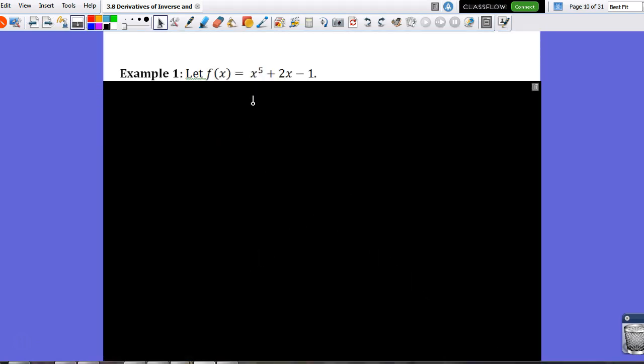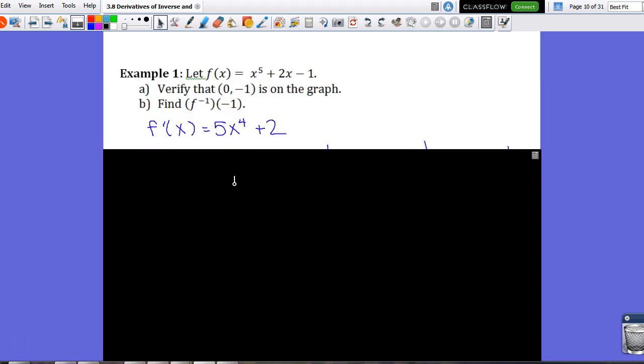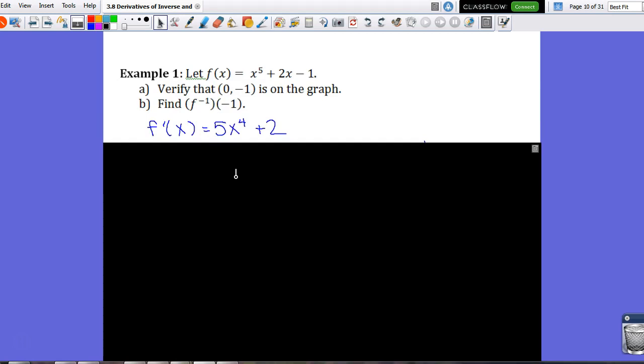All right. So here's my f of x. What's its derivative? Start with that. Perfect. So the derivative is 5x to the 4th plus 2.